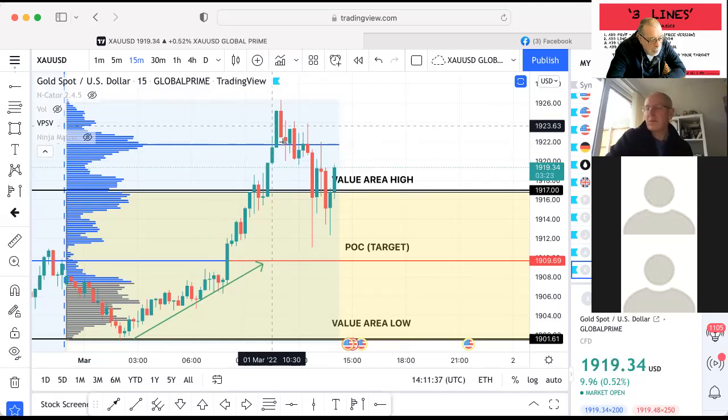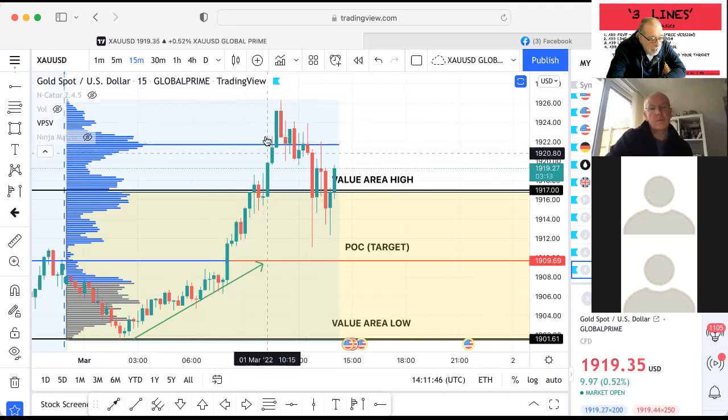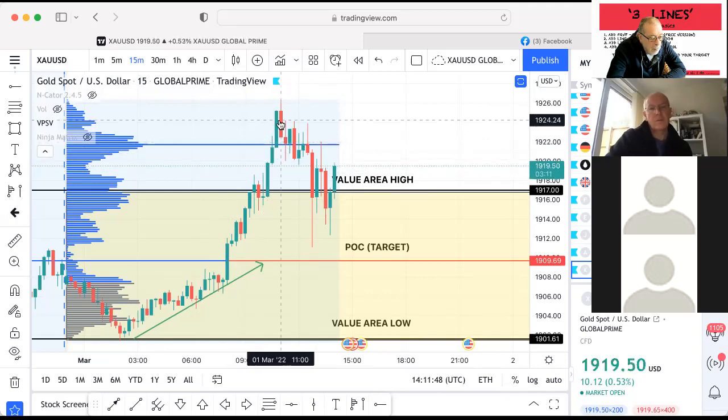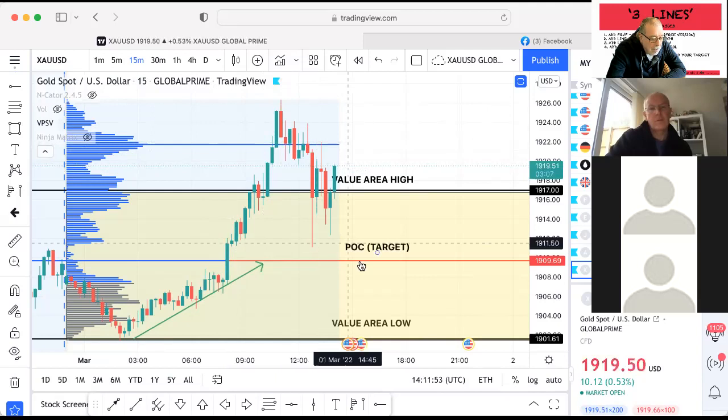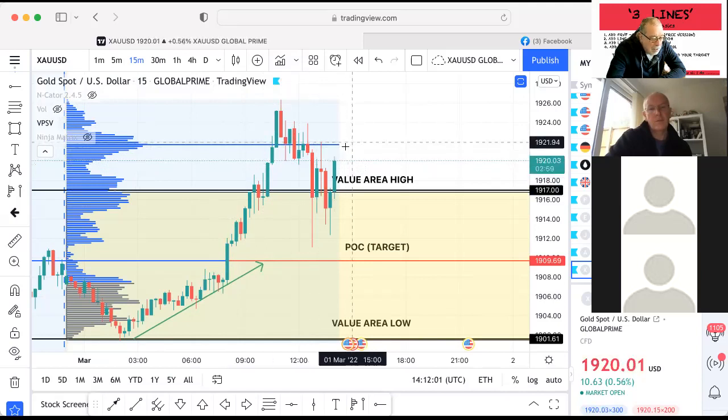Price came down to it, rejected, broke through it, went back to it, rejected, came down, went back up to it. So it is a magnet. It is something you've got to keep in mind. If you were going for a sell from the top of that candle, hoping to get down here, it would have messed you about a little bit. It would eventually have come down, but don't lose sight of today's point of control. It is a bit of a magnet.